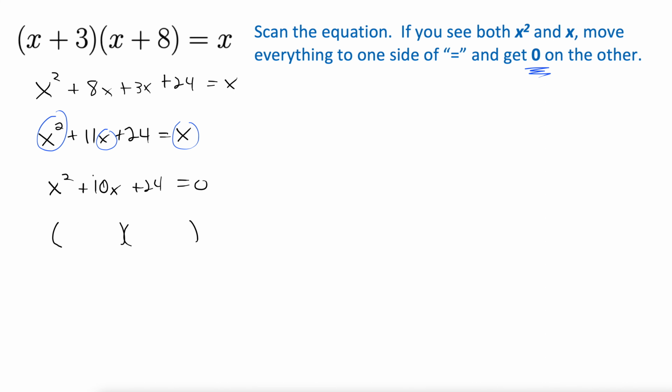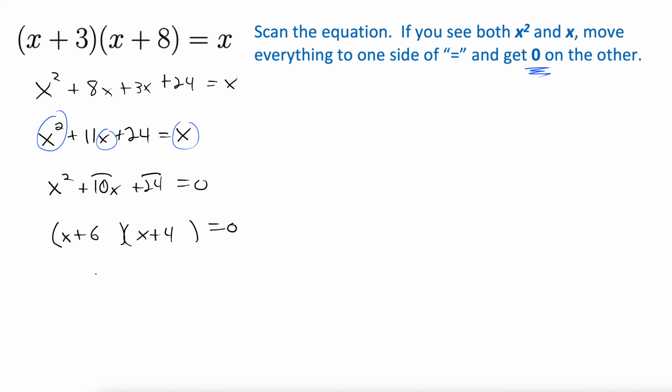We need factors of 24 that add to 10. What do you think? Can you think of them quickly? What are two numbers that when we multiply them together, we get 24, but when we add them, we get 10? I'm getting 6 and 4. x plus 6, x plus 4 does the trick, equals 0.